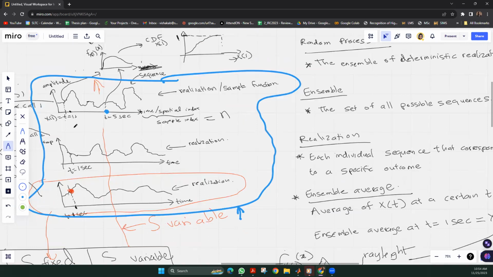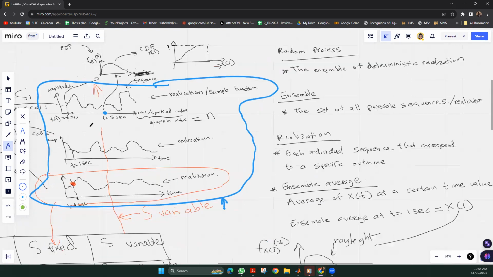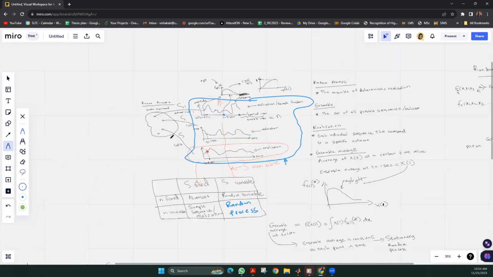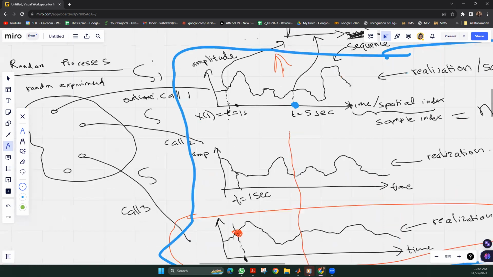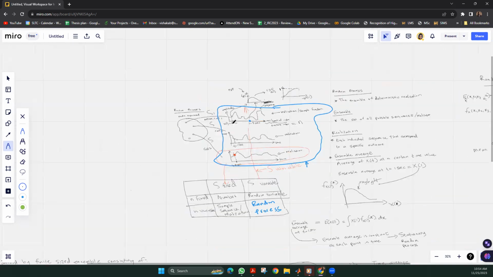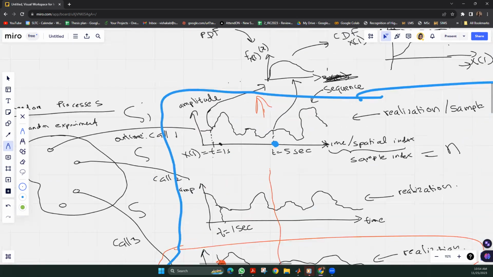The ensemble average is the case where we consider a specific point on the time axis, consider all the amplitudes at that time, and then take the average of all these values. Then we can find the average value of the random variable. We know the PDF function of this amplitude at time equals 1 second.